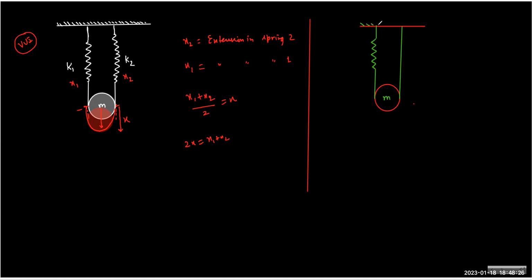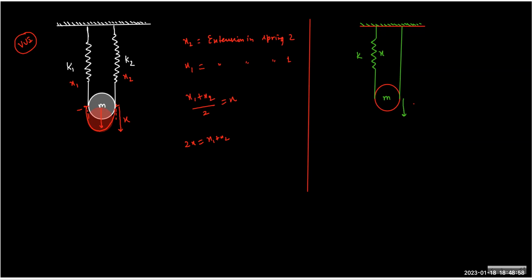No, sir. We know that strings are inextensible, so you're not going to get anything from the right side. So if the spring elongates by x only, then how much will the mass go down? If x is the only extension I'm getting, what do you expect the motion of the mass to be?